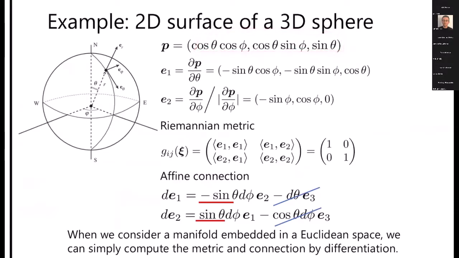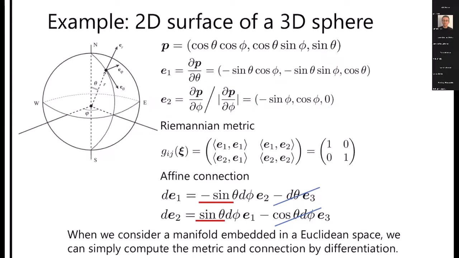And as you can see, this is a sort of polar coordinate, and we have only two independent coordinates, theta and phi. So this is a two-dimensional manifold. And the tangent vector is simply computed by the derivative of the vector p, like this. And also the tangent vector E2 is computed by the derivative of p with respect to phi, something like this.